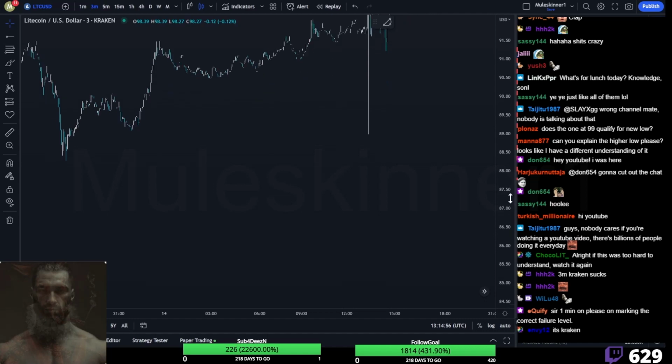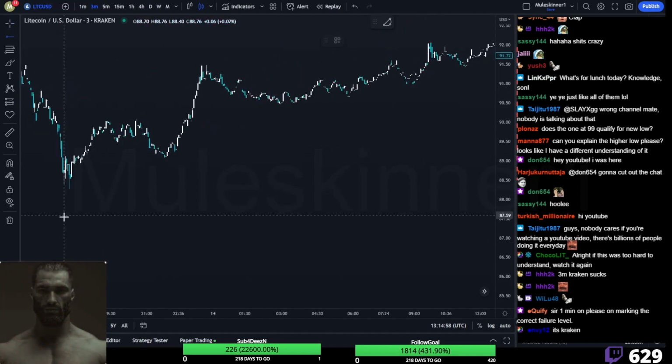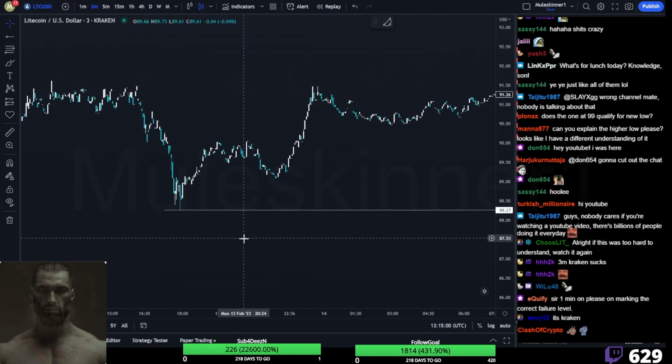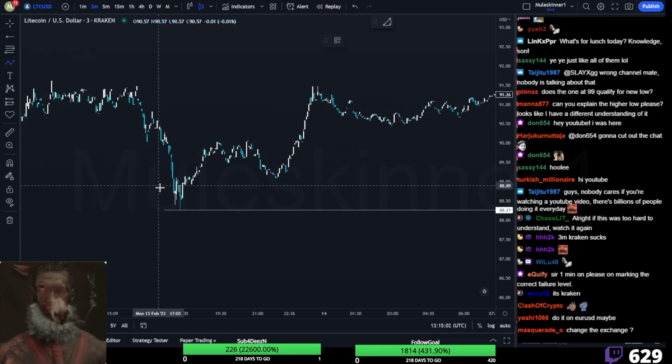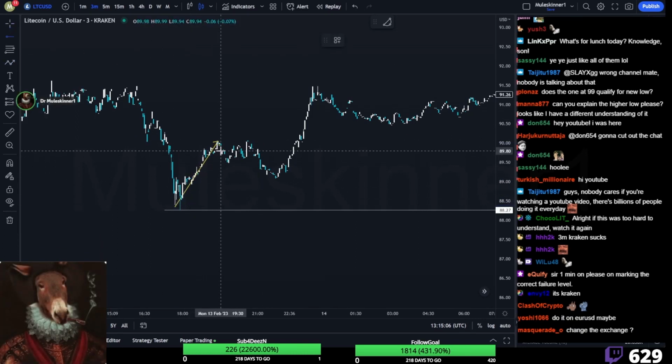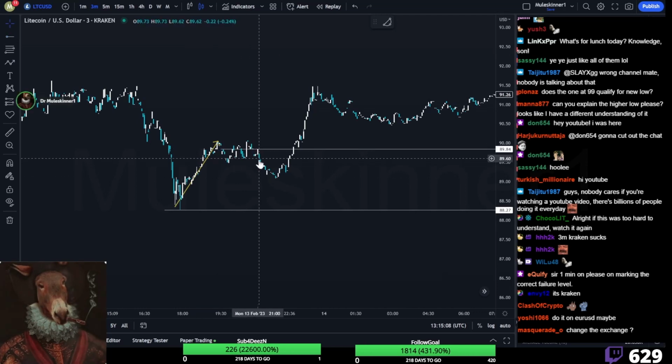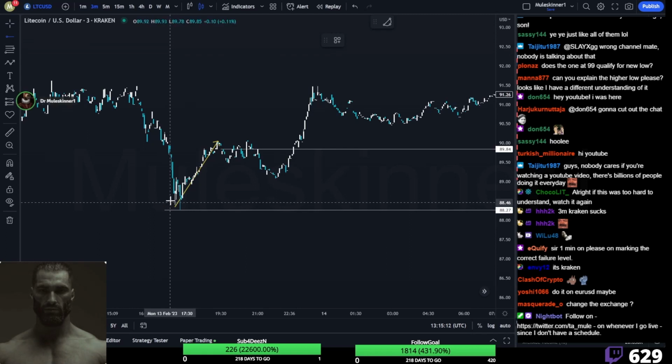All right, so find the low, find the high after the low, find the failure of the said high. So this is the start of the move down, and find the swing, which in this case is this one.